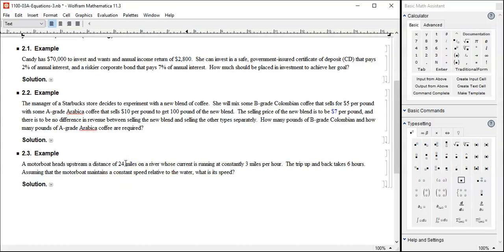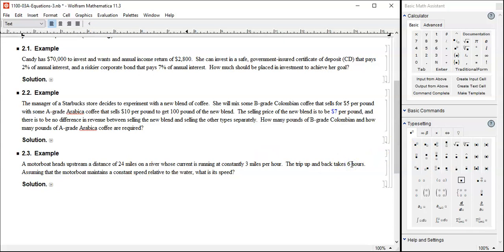Upstream is 24, downstream is another 24, it's not total. Oh, that gives you an idea. This cannot be x plus y. This is not the total distance of travel, okay? It's just upstream 24, downstream 24. Total is this one: trip up and back takes 6 hours.